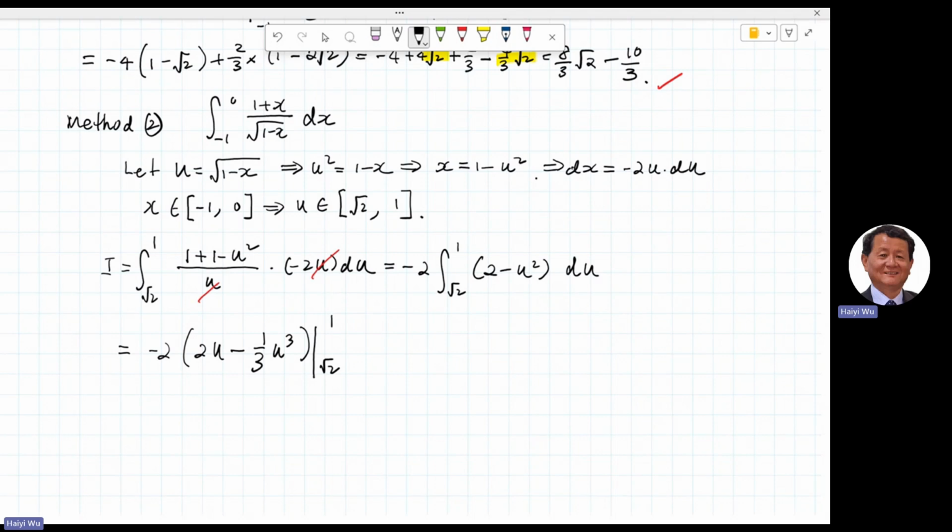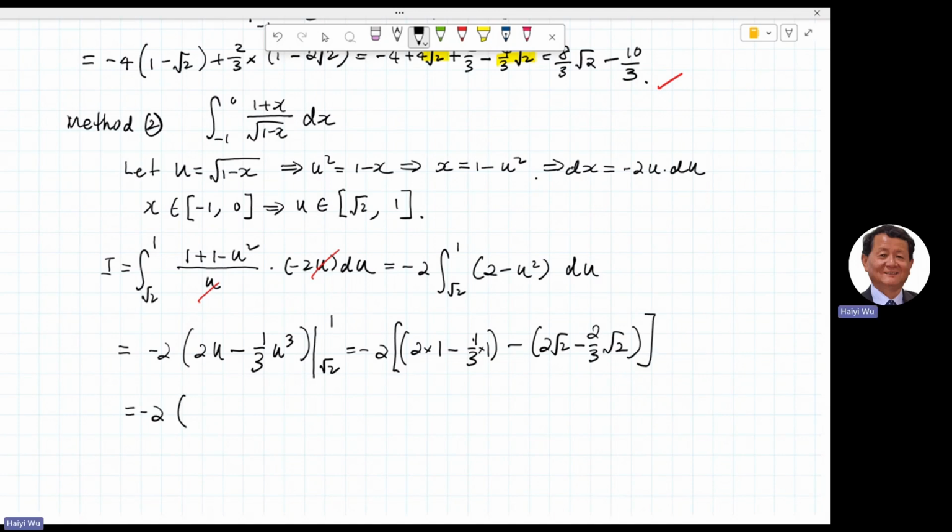So we substitute. So therefore, on negative 2, the first one will be 2 minus 1, times minus, the first one will be 1/3 times 1 as well. So then minus square root 2 will be 2 square root 2 minus 1/3 of square root 2 to the power 3, which is 2 square root 2. All right, let's simplify.